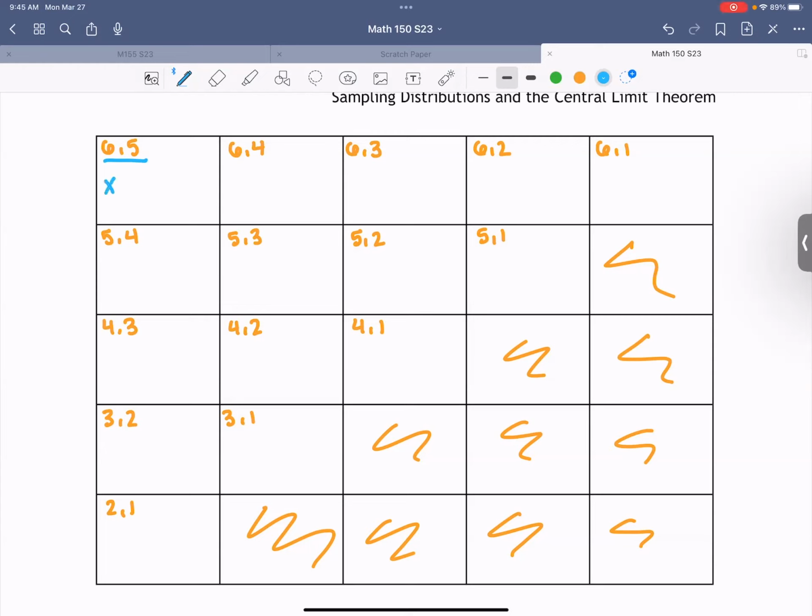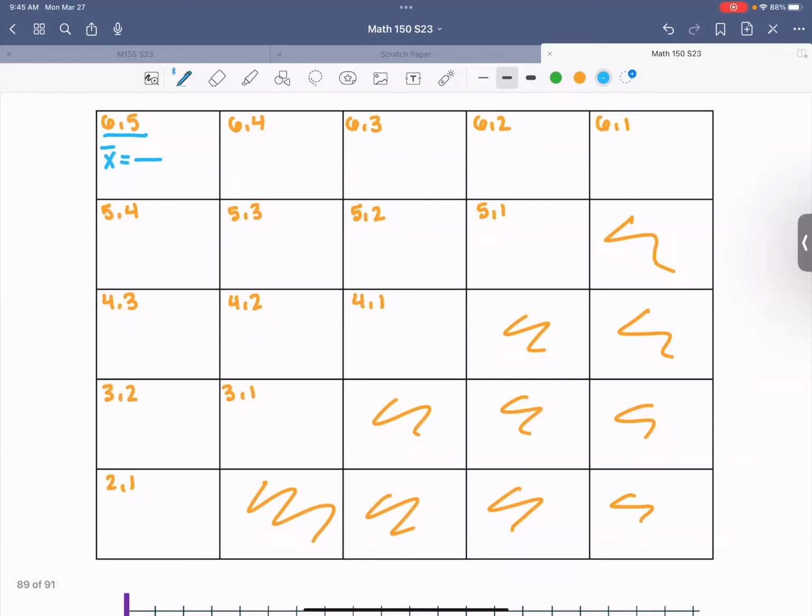Well, how do you find the mean of 2 numbers? Perfect. Add them together, divide by 2, right? So the sample mean of the first cell is 5.5. And we're going to do that for every single one of these samples.